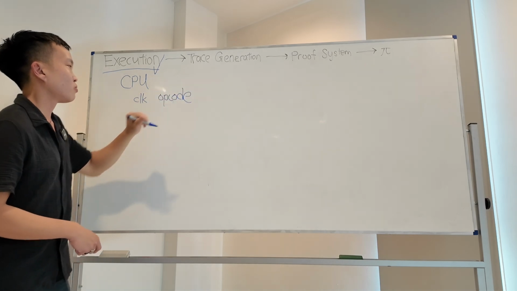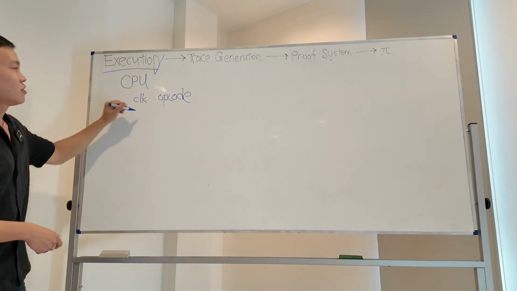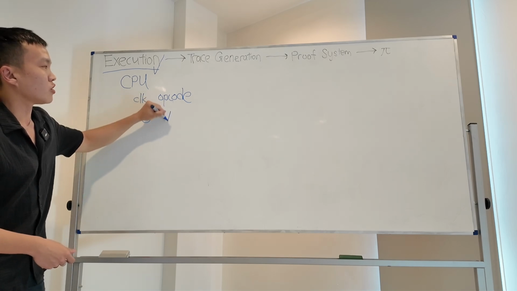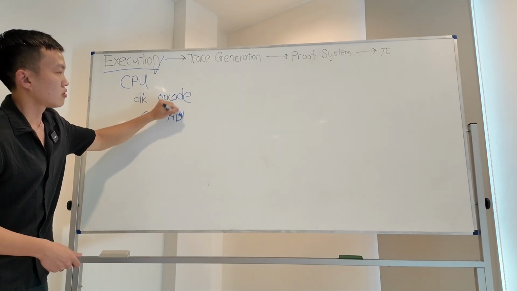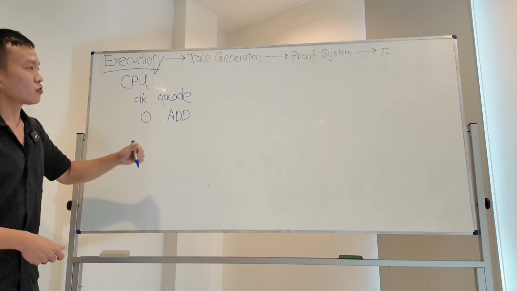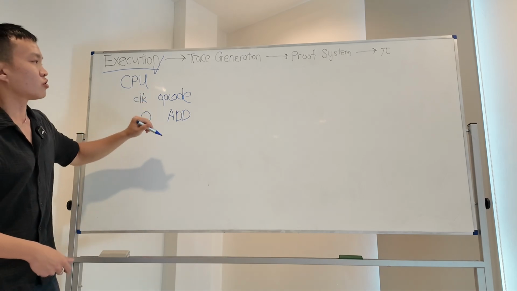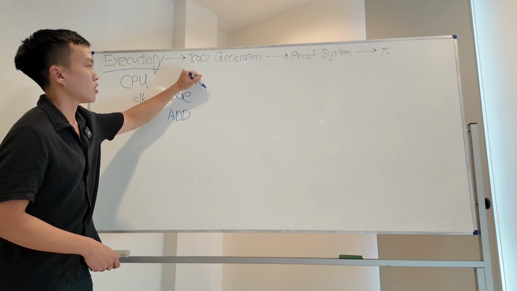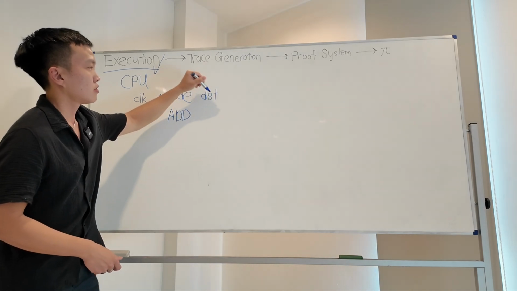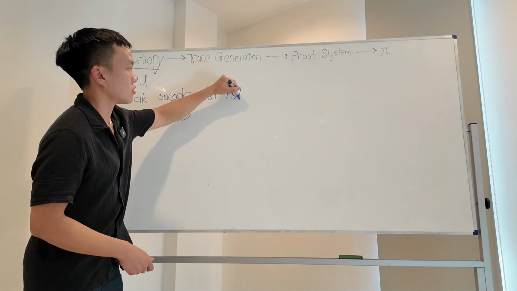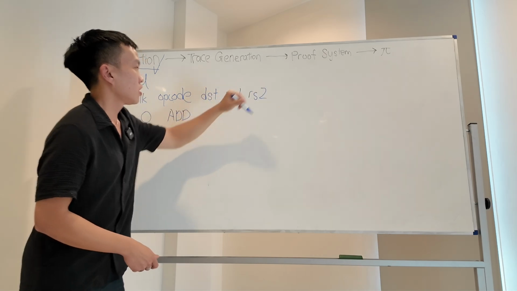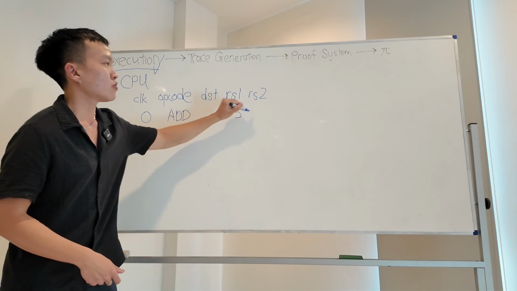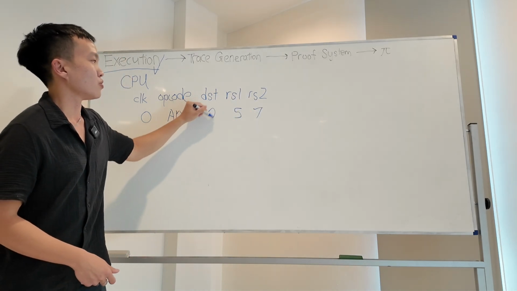Like in the previous example, let's say your program starts at some clock 0, and then you have an add instruction. And of course you would have other information as well, such as the registers: destination register, RS1, RS2. Let's say you add the values in register 5 and 7 into register 2.